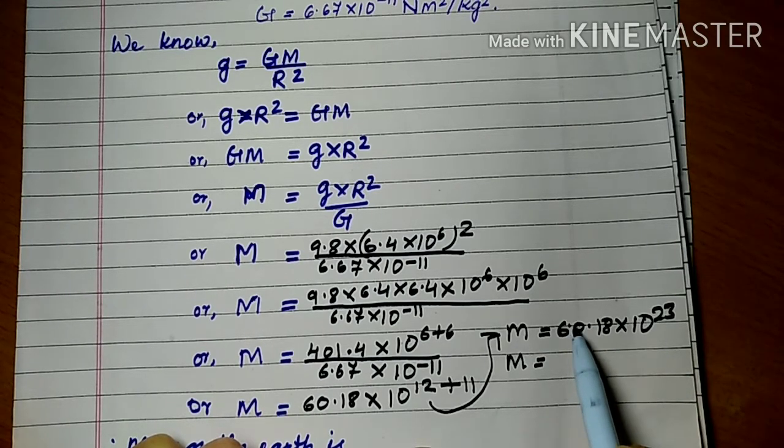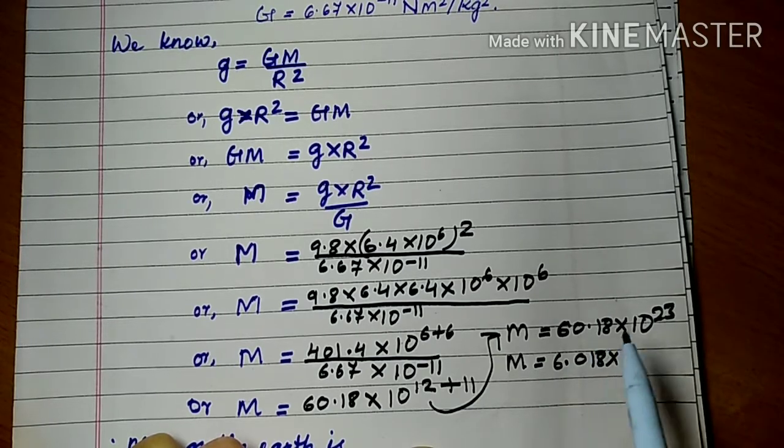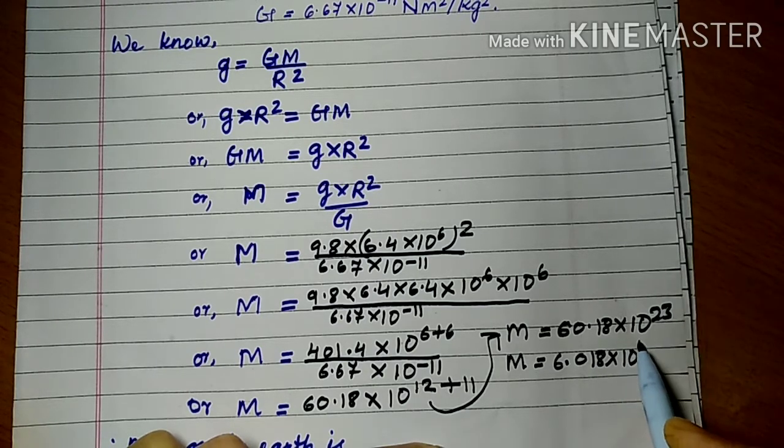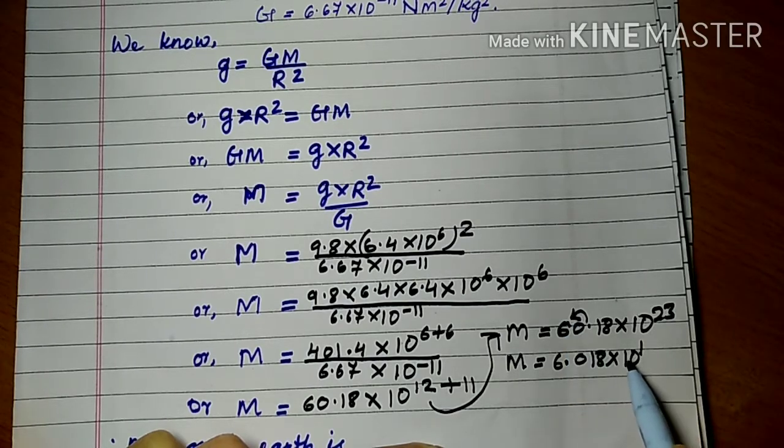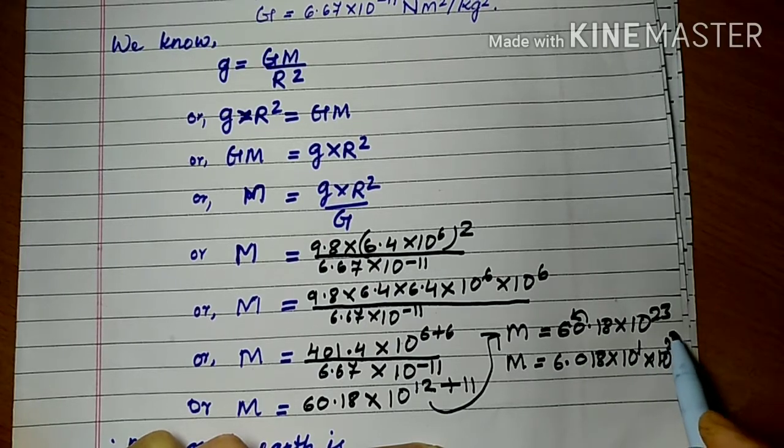Okay, one more digit towards left. So we are going to shift it over here, 6.018. And when you shift the decimal point towards left, the power of 10 will be added, 10 to the power 1, because you have shifted this decimal point towards left. So 10 to the power 1 is added into 10 to the power 23.